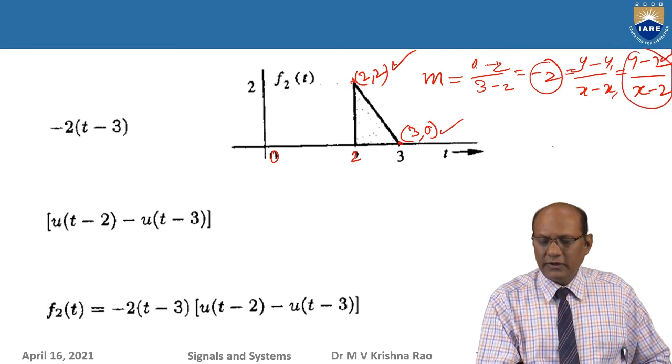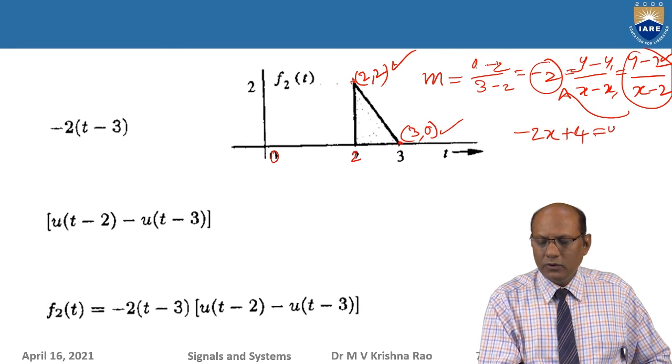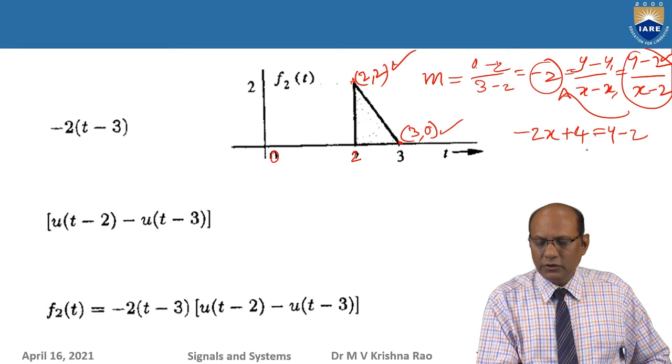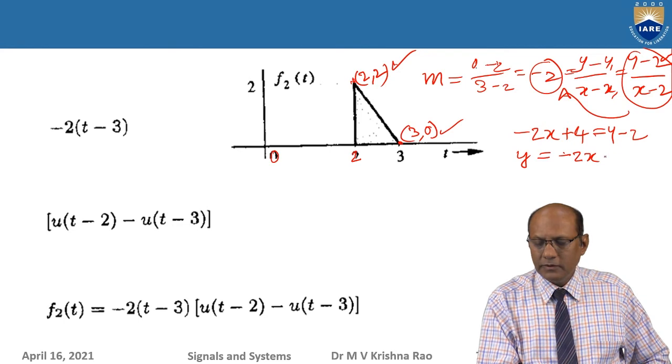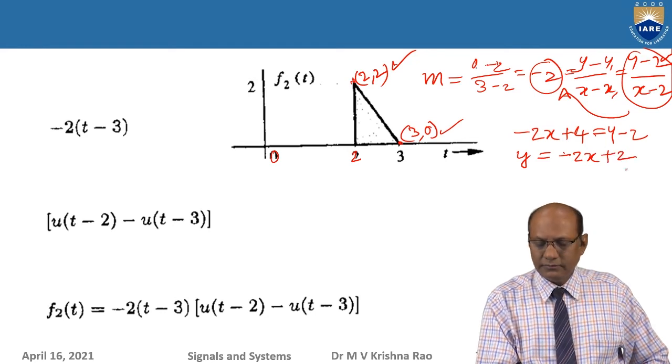These two I am equating. Take this side: minus 2x plus 4 equal to y minus 2. Now I have to express y in terms of x. So y equal to minus 2x plus 2. This is what I have.